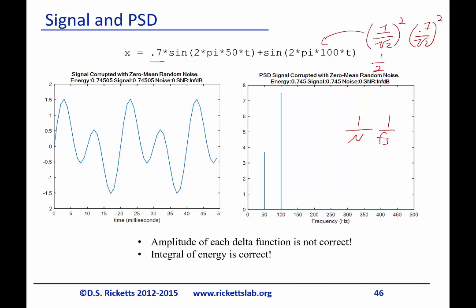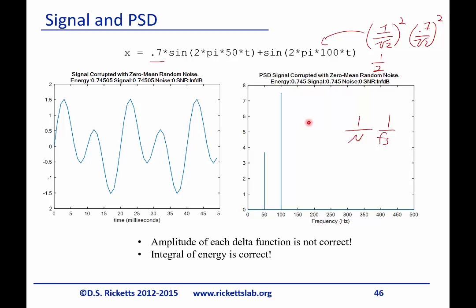If you notice here, I'm calculating the total energy, which is just v squared times dt, the summation. I get the same energy in time as I do in frequency. And so the integral of the time domain and the integral of the spectrum both give me the same energy.